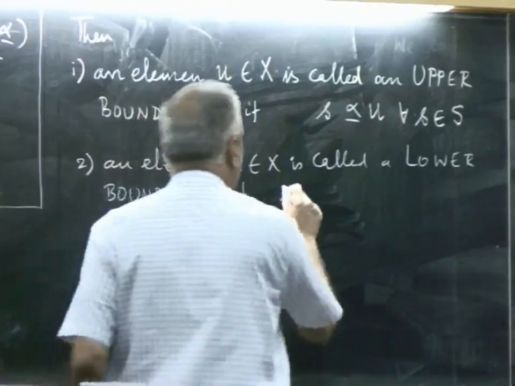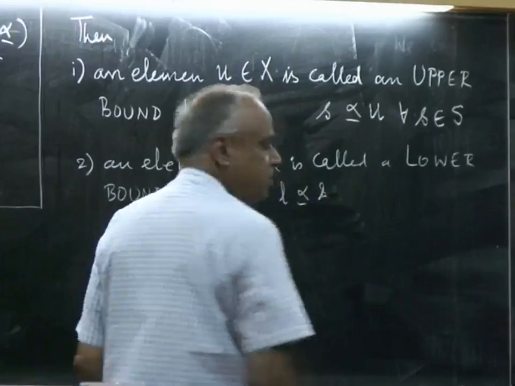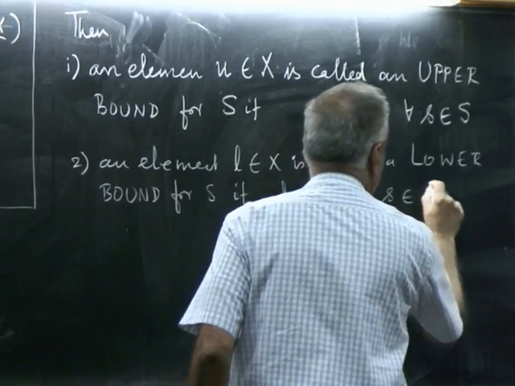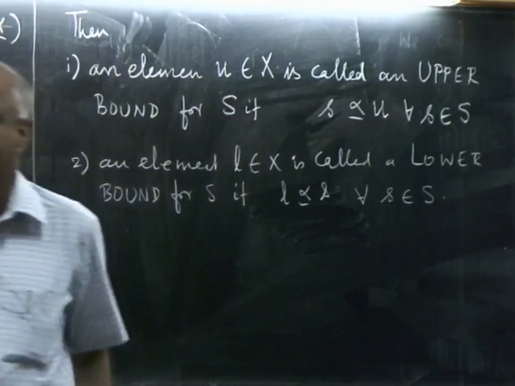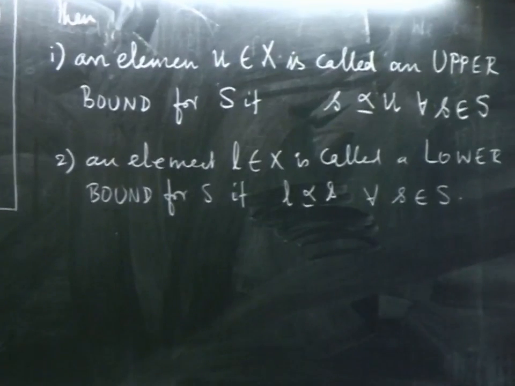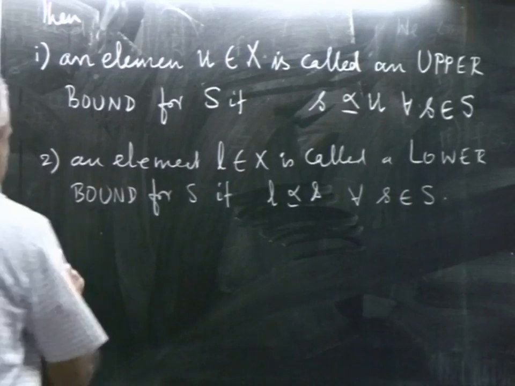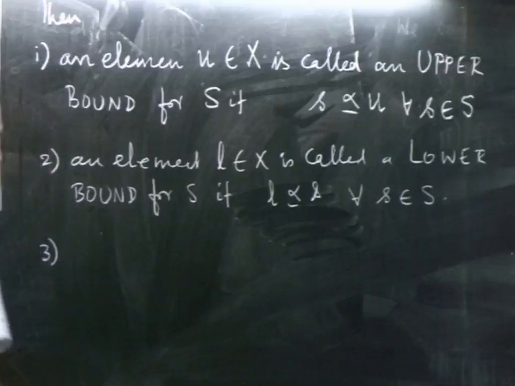The other way around, L is smaller than s for every s in S. So, we have this notion of upper bound and lower bound. Then I will introduce the notion of a very tricky notion of a maximal element.